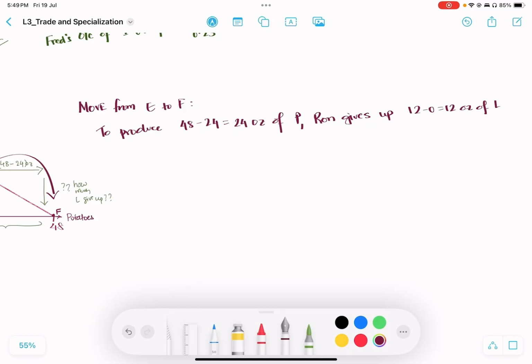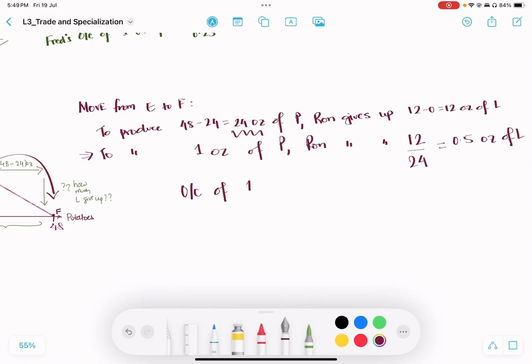So we are saying, again, take it in terms of 1, we're saying that to produce 1 ounce of potatoes, Ron gives up 12 divided by, just take this number as the denominator, right? So 0.5 ounce of lamb, which means the opportunity cost of 1 potato is 0.5 ounce of lamb. There's ounce of here too, but I'm just keeping it easy for us to read.